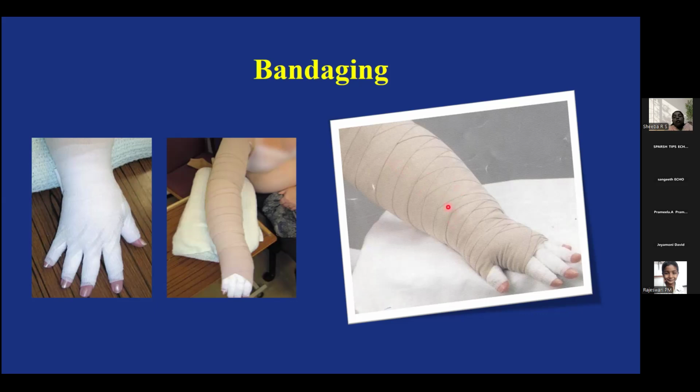A multi-layer bandage is good, but if you give a multi-layer bandage to the patients, they will not tolerate it and they will not come back for review. They will be anxious and worried about the more compression, and they usually decide that they will not continue the treatment. So better to start with a 50% overlap, and then you can move on to the figure of eight bandage.